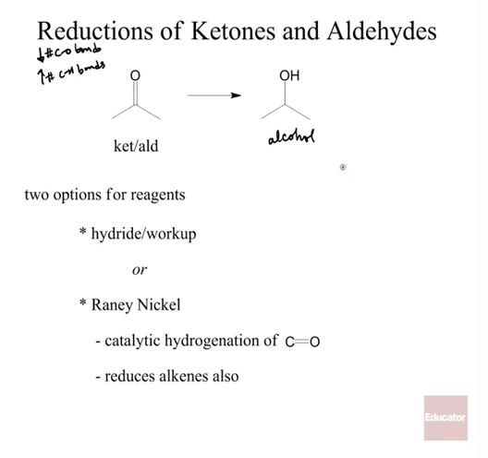How could we do that? Well, there are two types of reagents that will do this. One possibility would be using a hydride reagent, a nucleophilic hydride like lithium aluminum hydride, or sodium borohydride would work great here.